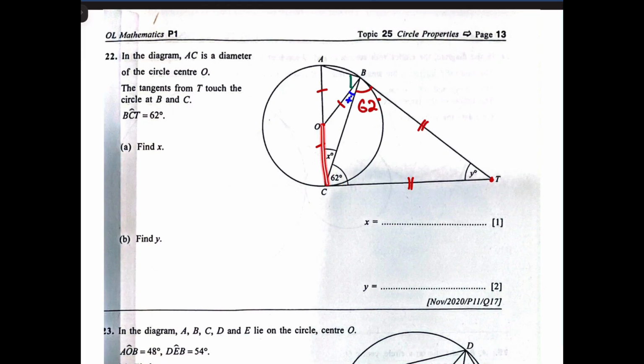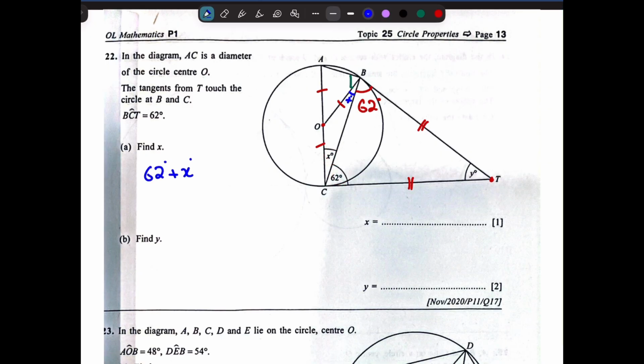So radius, tangent, they make a 90-degree angle. So 62 plus x should be equal to 90 degrees, which gives x to be 90 minus 62. X is 28 degrees. So this is 28 and this is also 28.